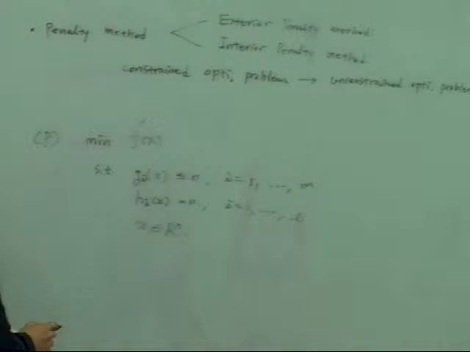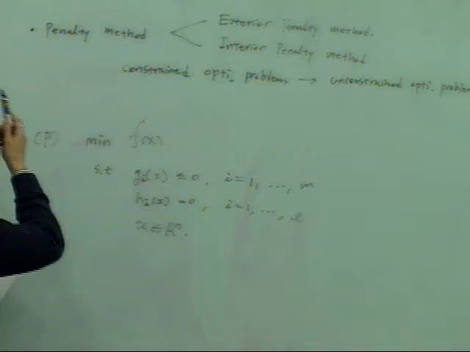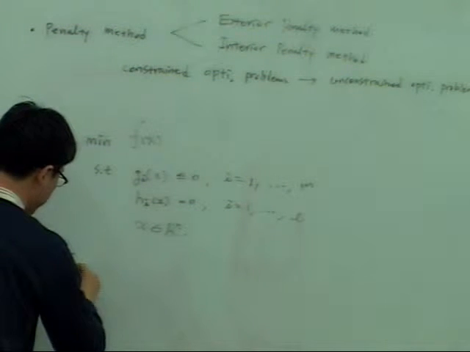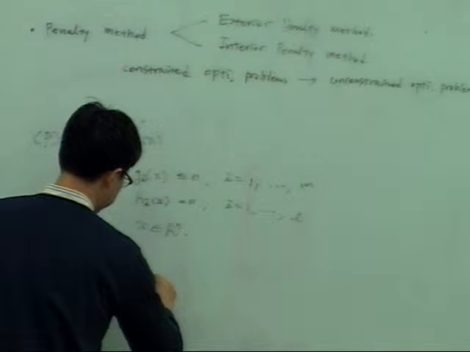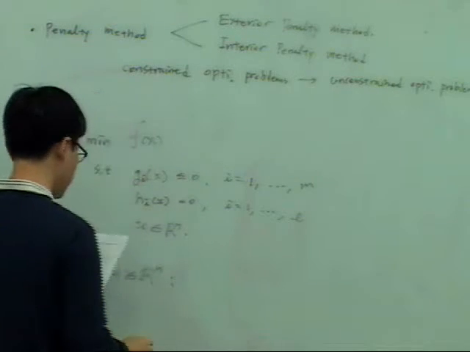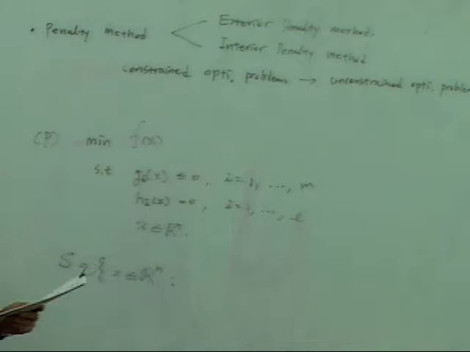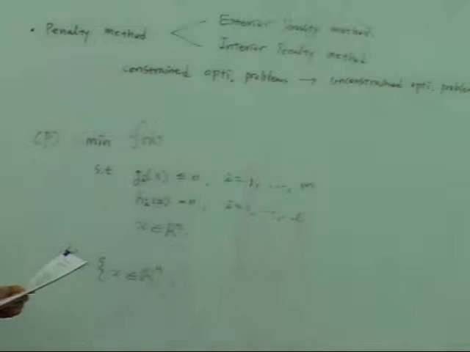And we denote the feasible region as S. It's nothing more than the x which satisfies all the constraints.